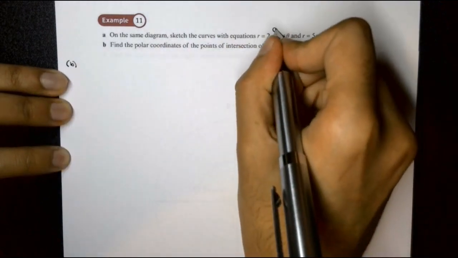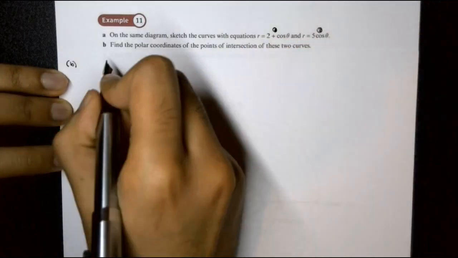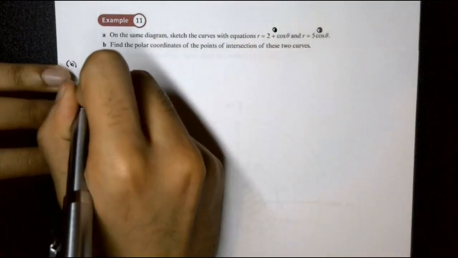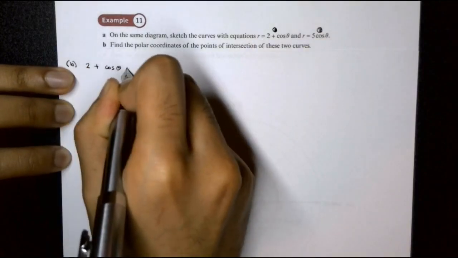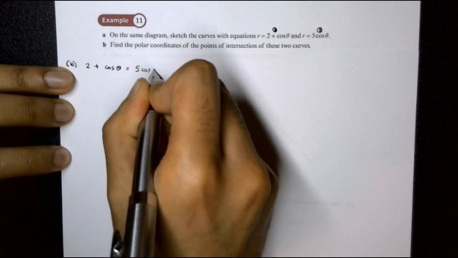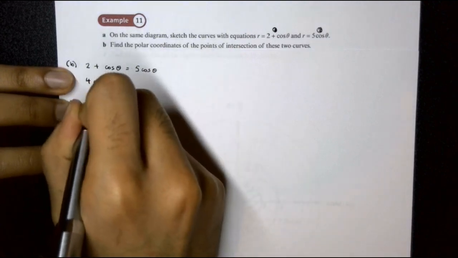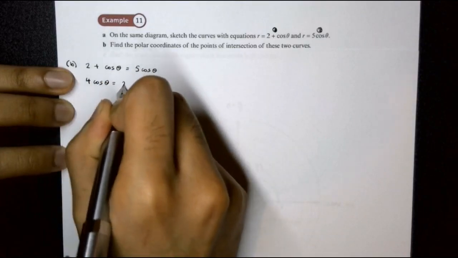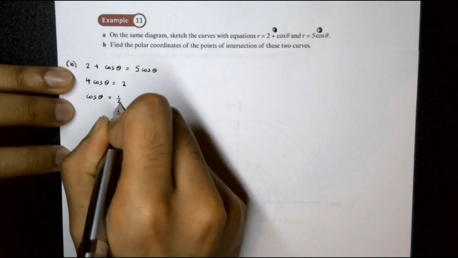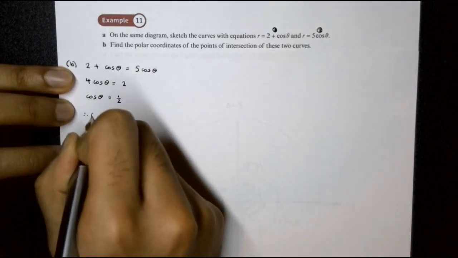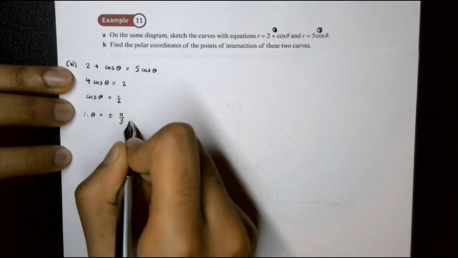So if I call this 1, and I call this 2, setting 1 equal to 2, we've got 2 plus cos theta equals 5 cos theta. So rearranging, we've got 4 cos theta equals 2. Cos theta is equal to 1/2, therefore theta is equal to plus minus pi over 3.